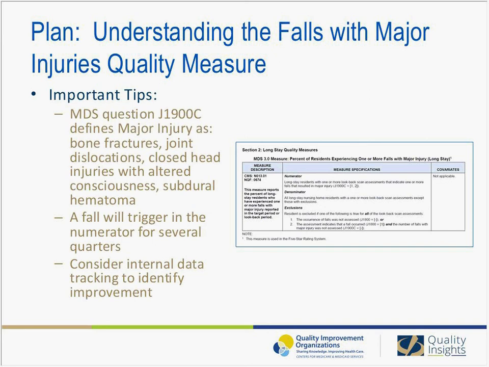Because if you're depending upon improvement to show up on this quality measure and it responds very slowly to changes on your MDS questions, that may disappoint the team if you don't have any internal data tracking to show that good improvement going forward. So on this particular performance improvement project, more than others, it is important to consider internal data tracking.